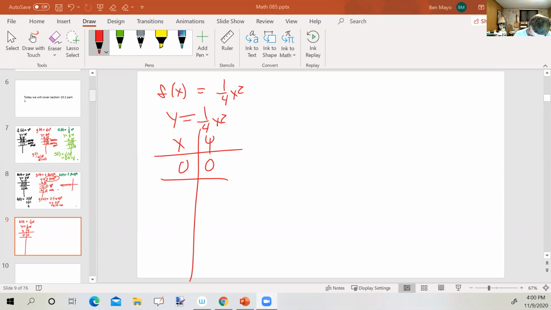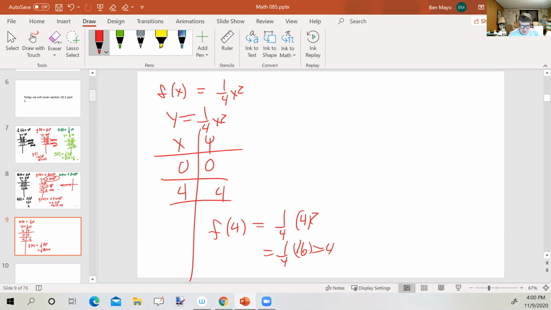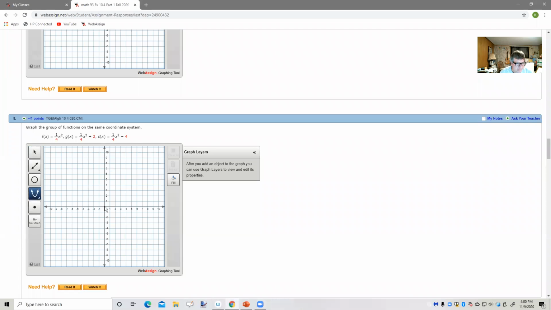Let's pick a nice number. How about if we pick 4? Let's see what's going to happen, because f of 4 would be 1/4 times 4 squared, which is 1/4 times 16, which is 4. Okay, so 0, 0, 4, 4.